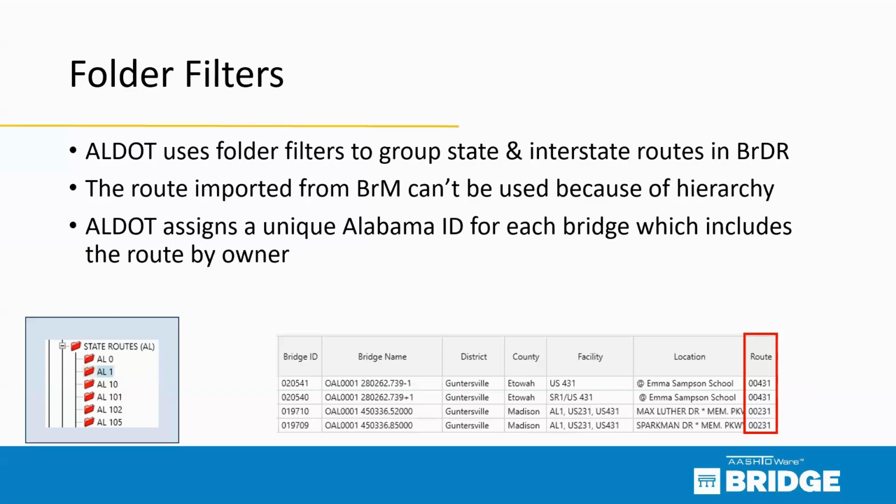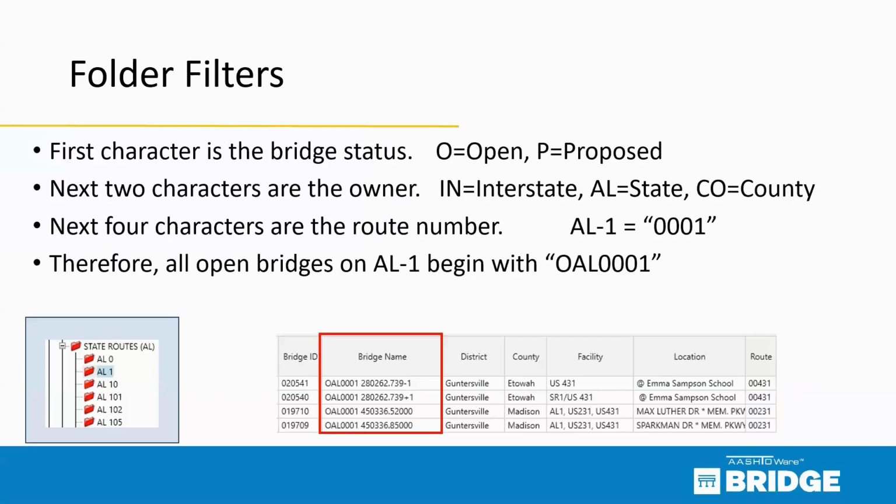Alabama uses a unique Alabama ID for each bridge, which has the route in it. We list this in the bridge name field. The first character is the bridge status, which is O for open or P for proposed. Then we represent what type of route it is, such as interstate, state, or county, with the next two characters.